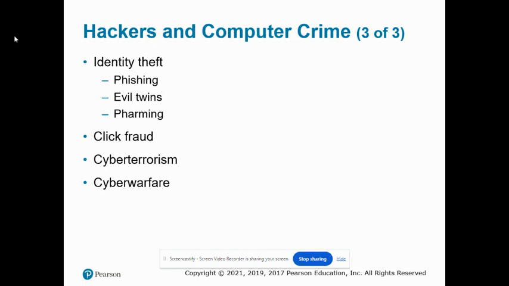The U.S. Congress addressed the threat of computer crime in 1986 with the Computer Fraud and Abuse Act. This act makes it illegal to access a computer system without authorization.